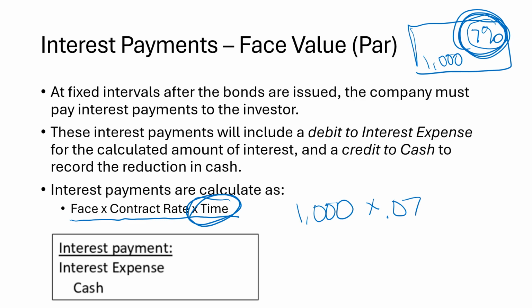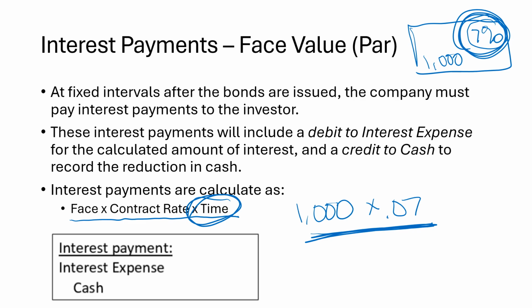If it was an annual interest term, then you would just use this to calculate interest annually. But not all interest is paid annually on bonds, and that has to do with how the corporation wants to put that bond issuance out there.